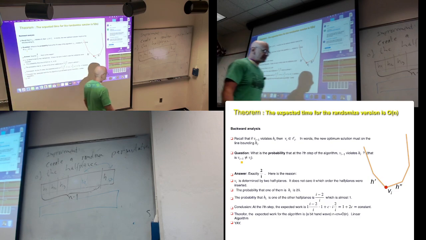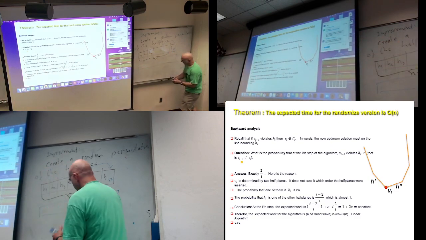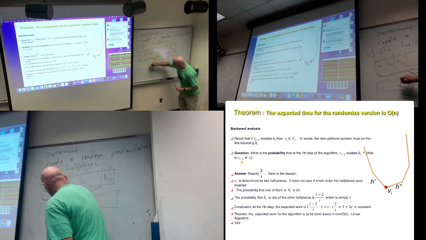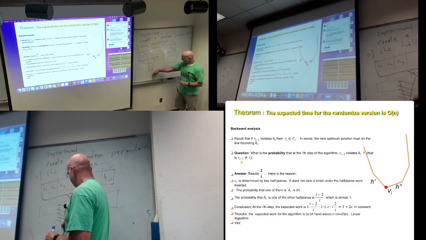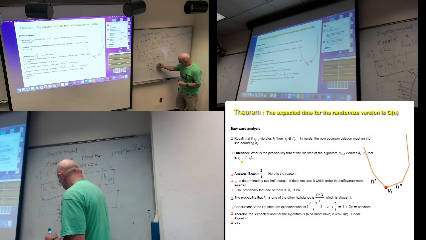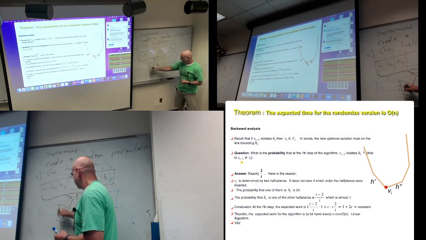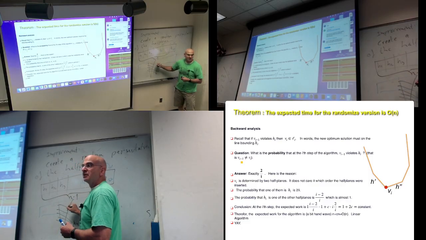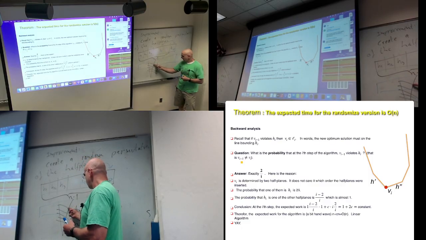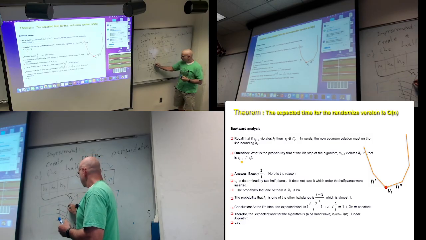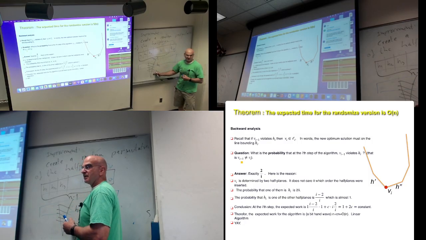If you think about my example with the n squared running time, what happened? I picked these two, and then I inserted them from this permutation, which was h1, h2, all the way up to hn, in this order. Right? What would happen if I pick hn and h1 to start with, and then insert the other half planes?